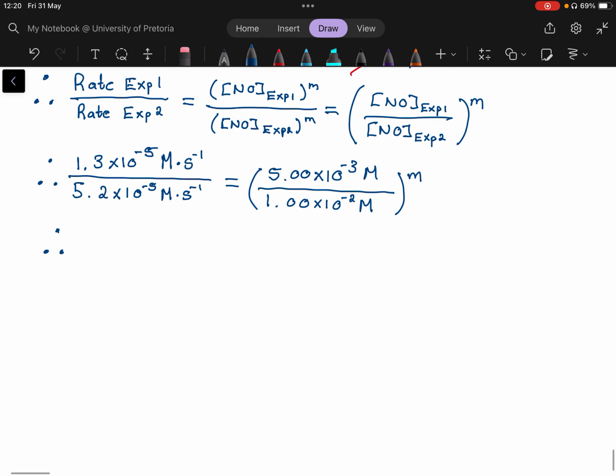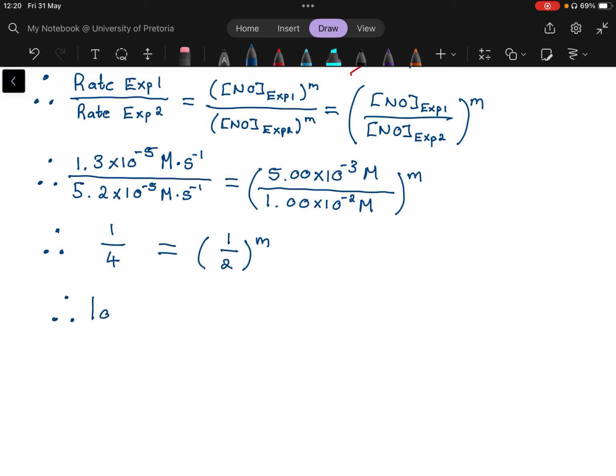So if you quickly do that, it works out quite nicely. It's going to give you a quarter. It's equal to a half to the power m. How nice, eh? Okay, and how do we solve this? Well, we need to take the log on both sides, or ln, same thing.